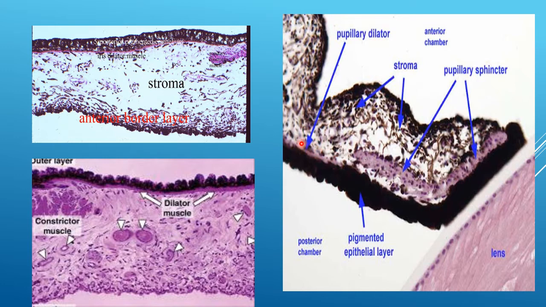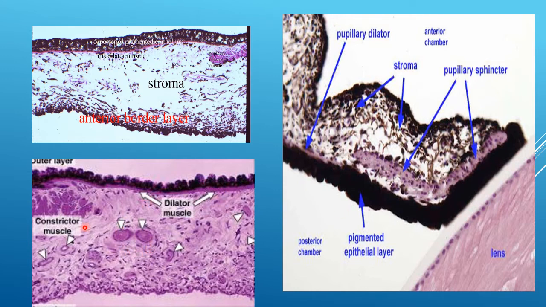You can see here again this area showing you the dilator pupillae muscles, and the inner surface has that heavily loaded pigmented epithelium. This is the pigmented layer which is preventing the entrance of light, except the light can enter through the pupil. So this is pigmented epithelium.